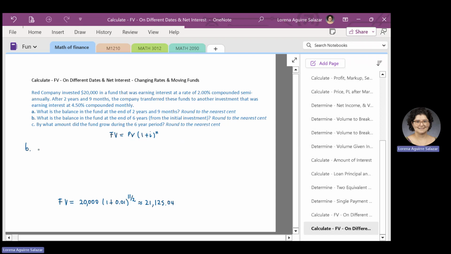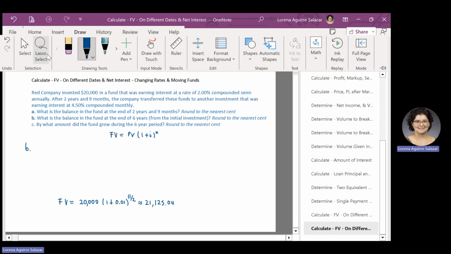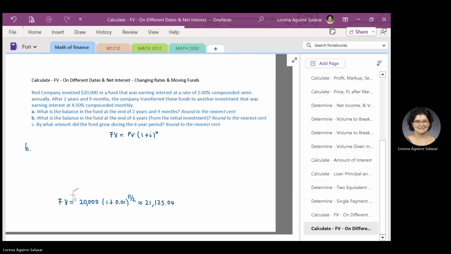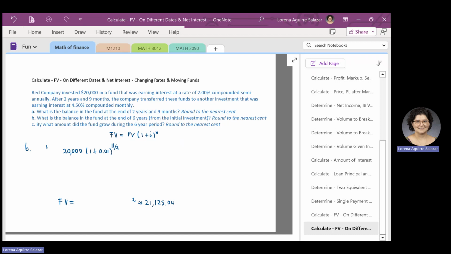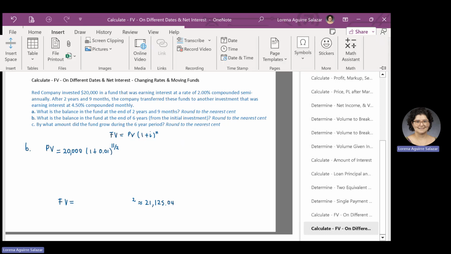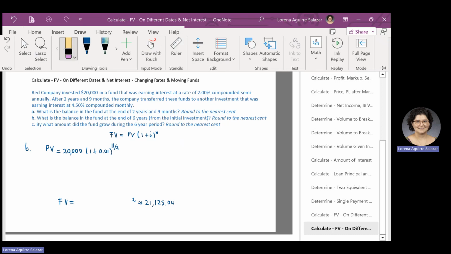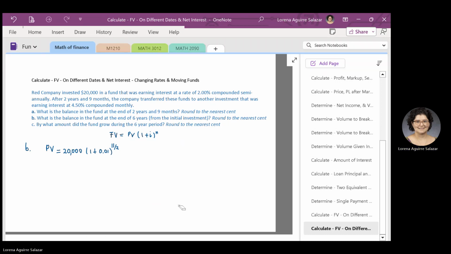So for part B, now we start with that amount of 20,000 times, and I missed a 2 here. So that's going to be the value of the investment after 2 years and 9 months. And let's see what happens after the rest of the time passes.